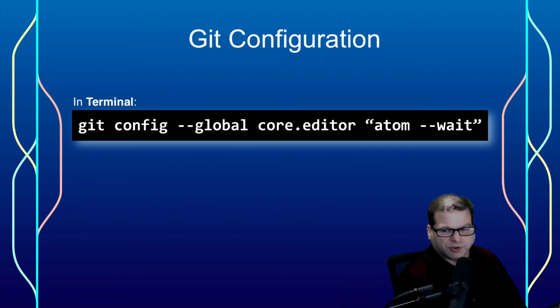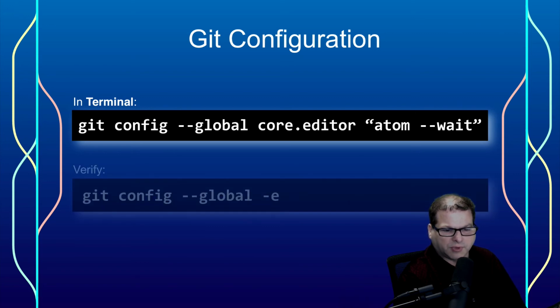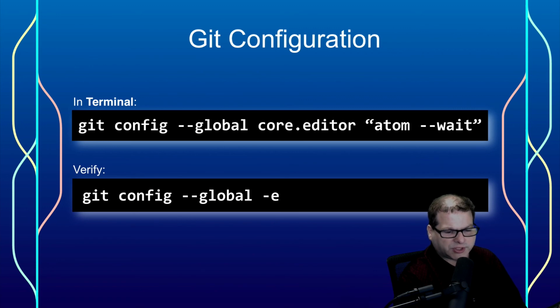That will configure the Atom editor to be the default or core editor for Git source control. Then we can verify this by typing git config --global -e. That will cause Git to use its core editor, or default editor, to open the global configuration.